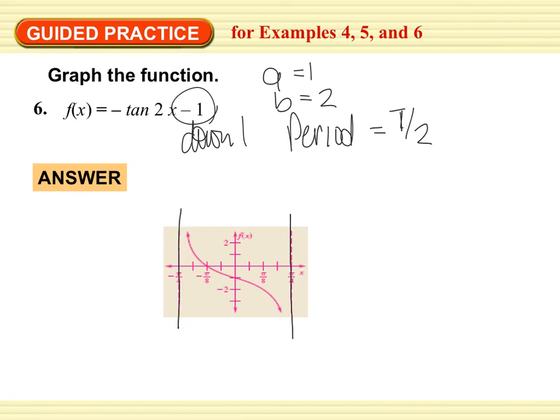And my halfway point is pi over 8 and negative pi over 8. We went down 1, so this is my midline. So that means A is 1. So I actually would want to, oh, that shouldn't be erased, sorry. Yep, that goes right there, and this one goes right down here. And then midline. That's how we get our curve.